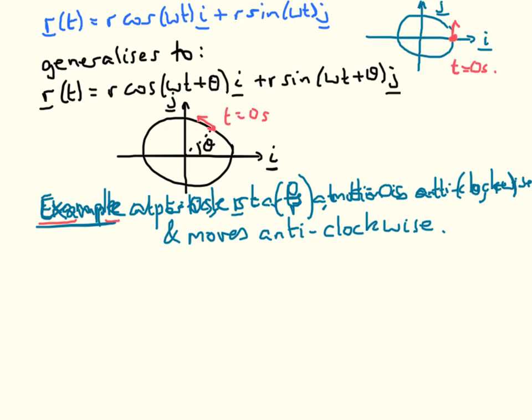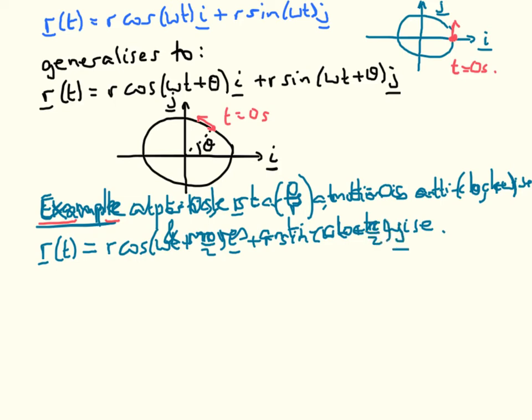So what we get from this is that r of t is going to be r cosine of omega t plus, so what should theta be? Well, we're starting here, so we've gone from here through to here, that's an angle of pi over 2. So it's cos of omega t plus pi over 2 i plus r sine of omega t plus pi over 2 j.